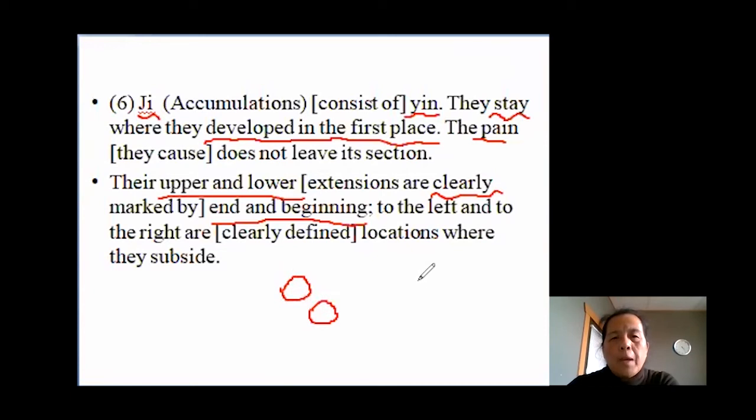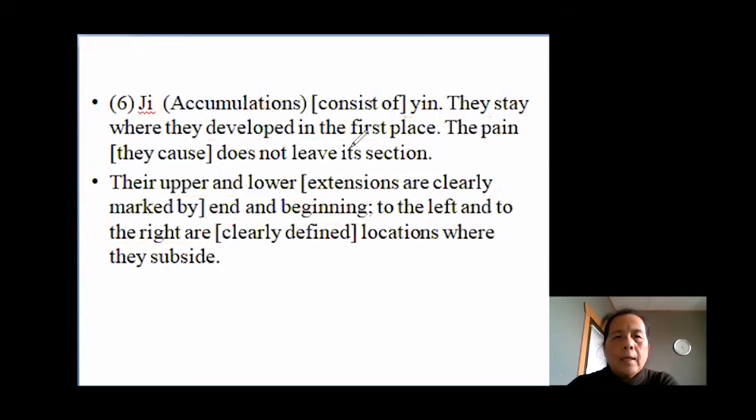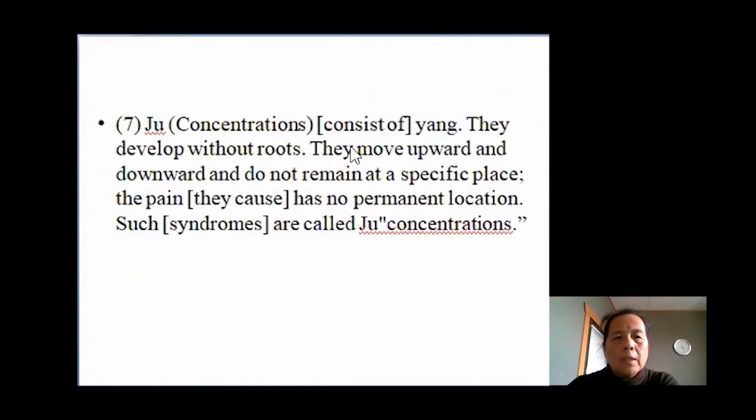So that's basically Ju. It doesn't specially stay in one place. It can move from the left side to the right side because it comes from qi stagnation, and qi is mutable. So that's another aspect we're talking about.